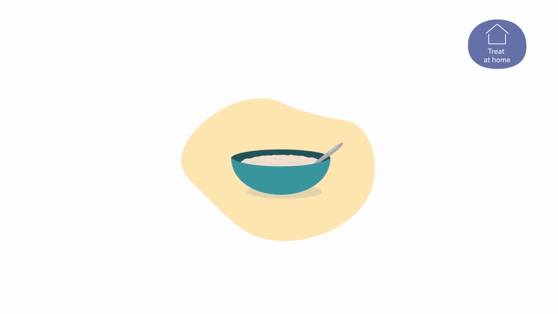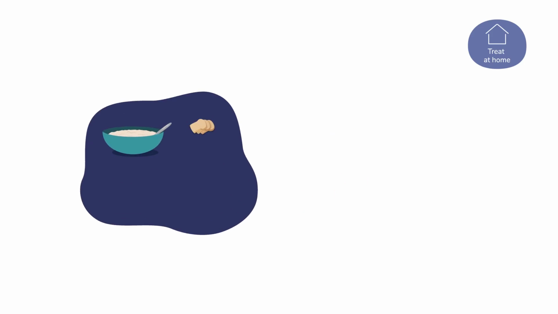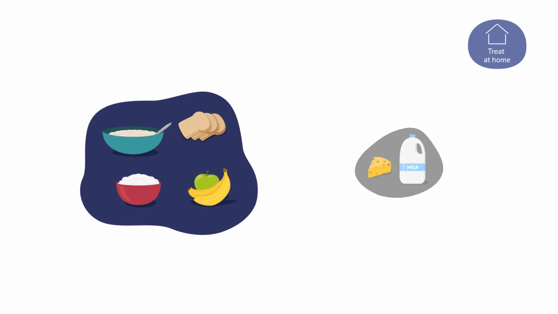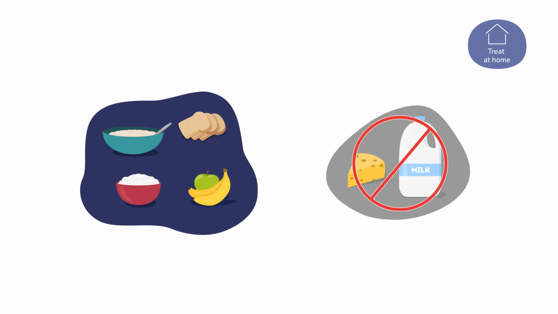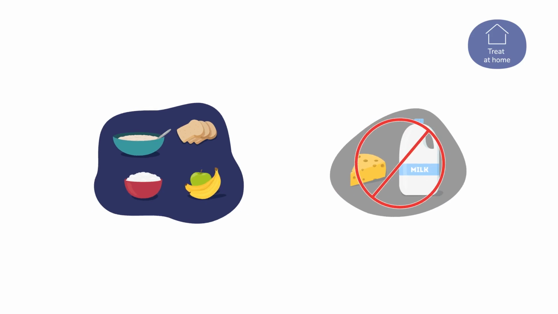Lastly, tell the caregiver to continue feeding the child food if the child is eating complementary foods or is not breastfeeding. They should try foods that are easy to eat, like maize meal, dry bread, rice, and fruit. Avoid foods like dairy and fatty foods until the child feels better.